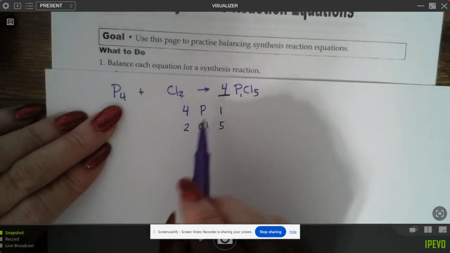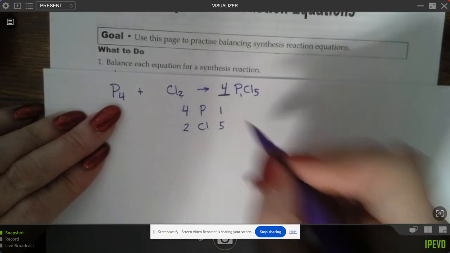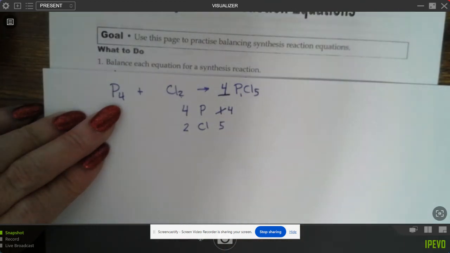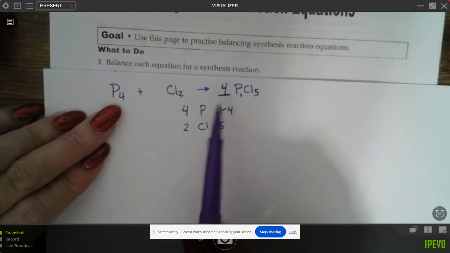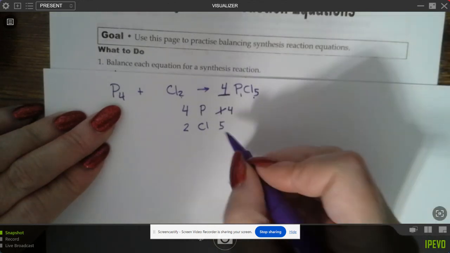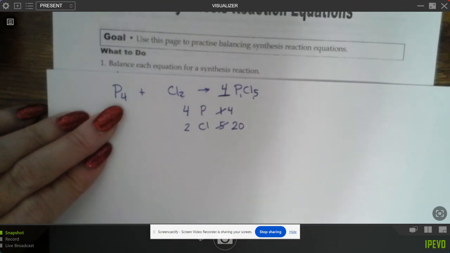All right, so this means I've got 4 times 1 is 4 phosphorus. We also have to count our chlorine, so 4 times 5 gives me 20 chlorine.